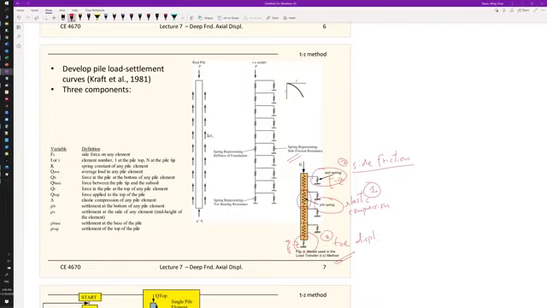So this is another picture of what is really going on. You have a series of springs representing the stiffness of the piles or the foundations, and also springs representing the side friction resistance. So we know soil has resistance or stiffness.